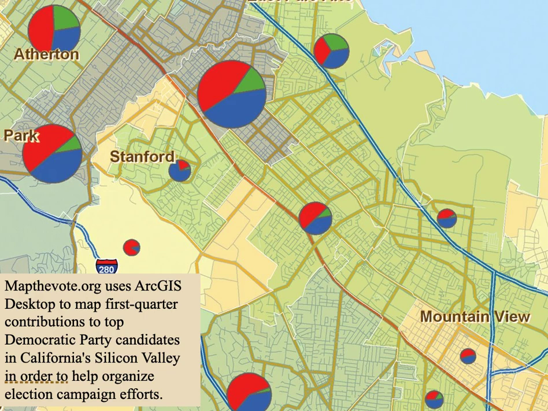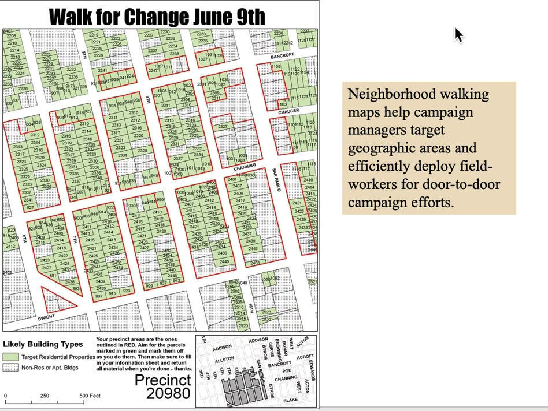Also, GIS can be used for political campaigns. Here, this is looking at Democratic Party candidates. And again, it is used for a political campaign here on this map. And this is a walk for change on June 9th.